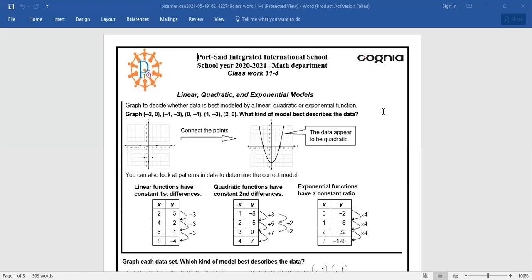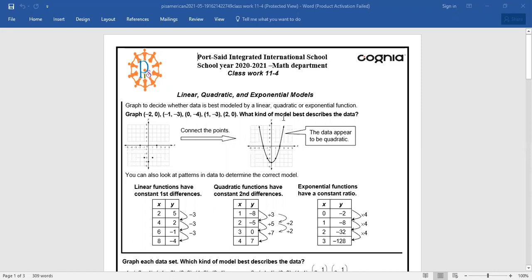Then we have here a group of ordered pairs, and we want to decide if this one will be quadratic or linear or exponential. Then -2 and 0, -1 and -3, 0 and -4, 1 and -3, and then 2 and 0.